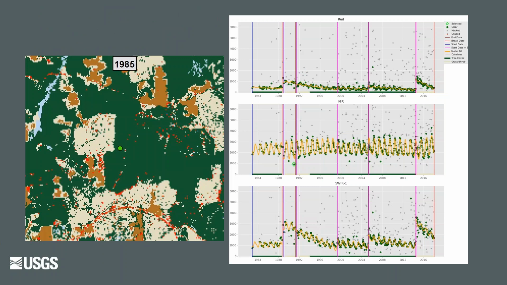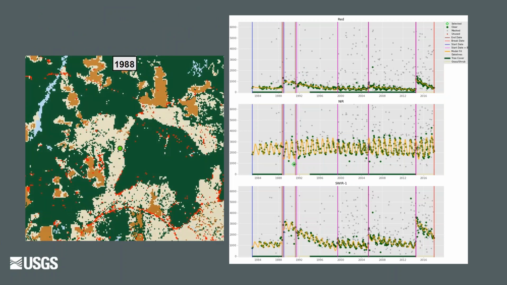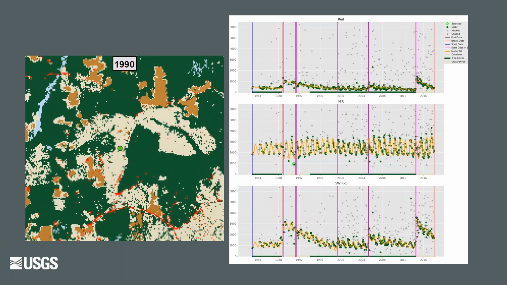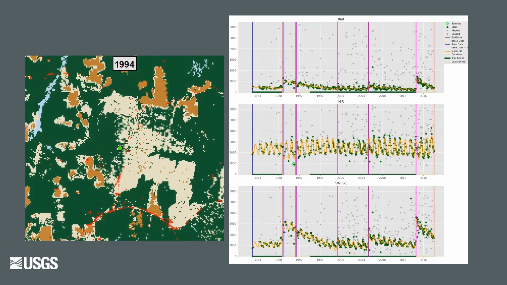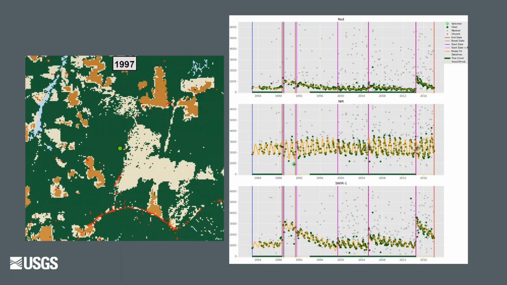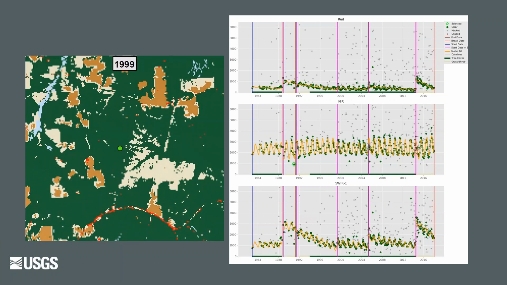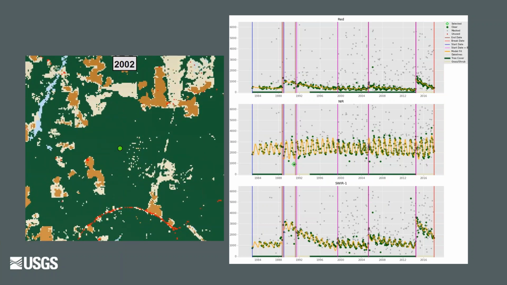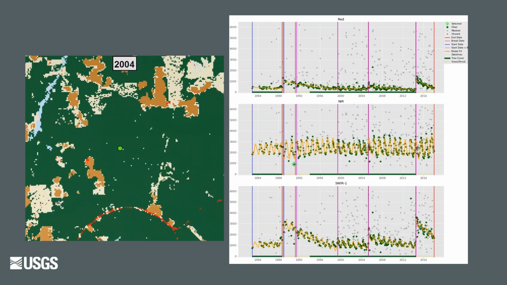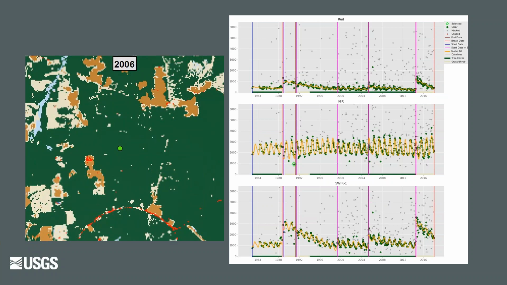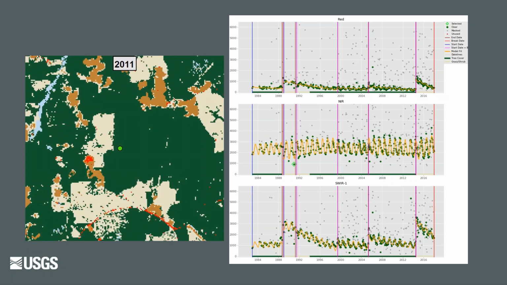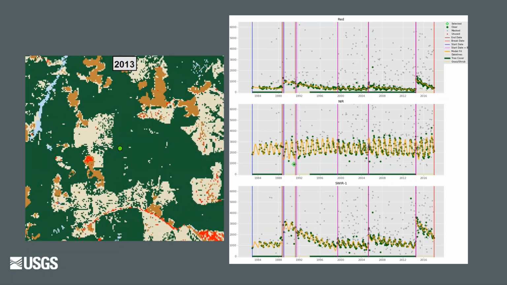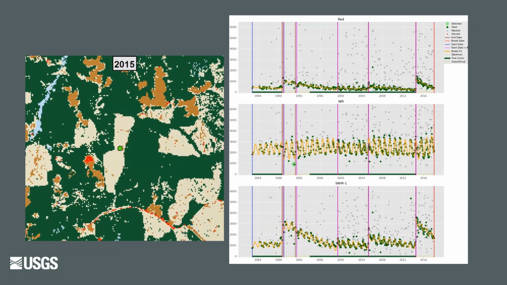So let's see if I can do another animation here. All right, so this is an animation of our prototype data in the lower Mississippi floodplain, where there's a lot of coniferous forest plantations, like pine plantations that are planted and then harvested in these large blocks at different times.